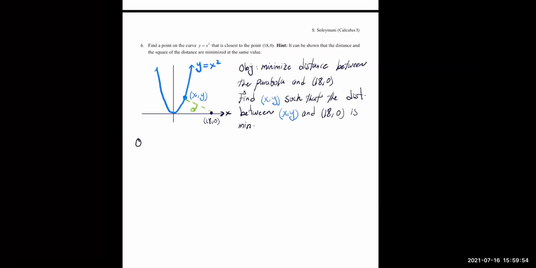I'm writing my objective function, by the way. The distance is equal to the square root of the sum of 2 squares.